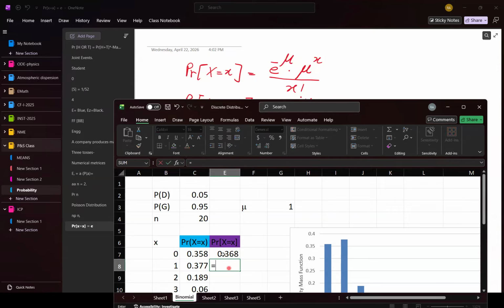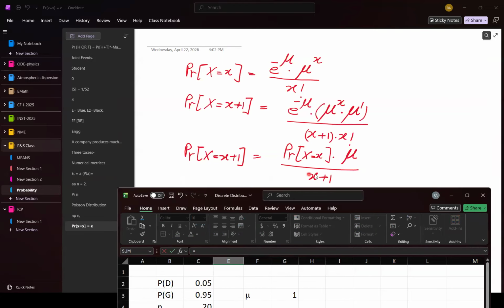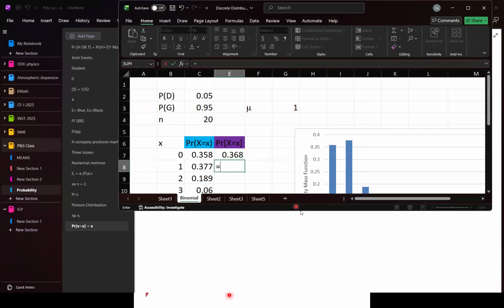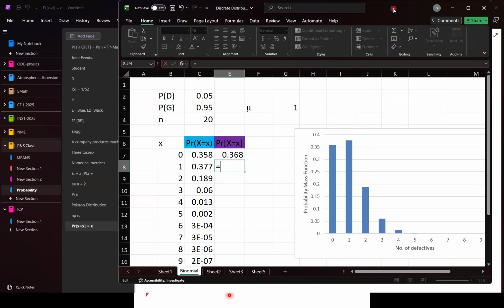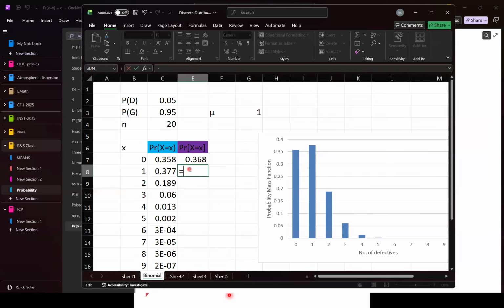Then I can apply the recursive formula, which says the previous estimate times mu over x plus 1, or the current x value. So here I'm going to use the recursive formula.